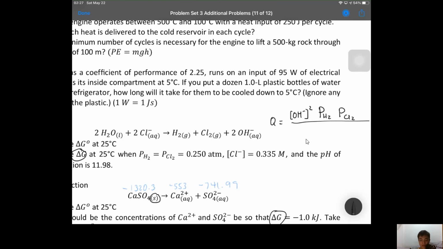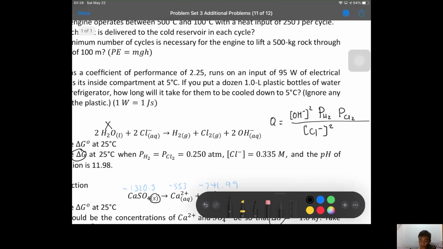And then for the reactant side, you only have Cl minus here. Bakit? Kasi yung water, hindi mo siya isusulat doon. Kasi nga, liquid siya. Again, take note, kapag solid o liquid, hindi mo siya isasama dyan. Okay? You don't have to include that there. Only aqueous and gaseous phases. Okay?